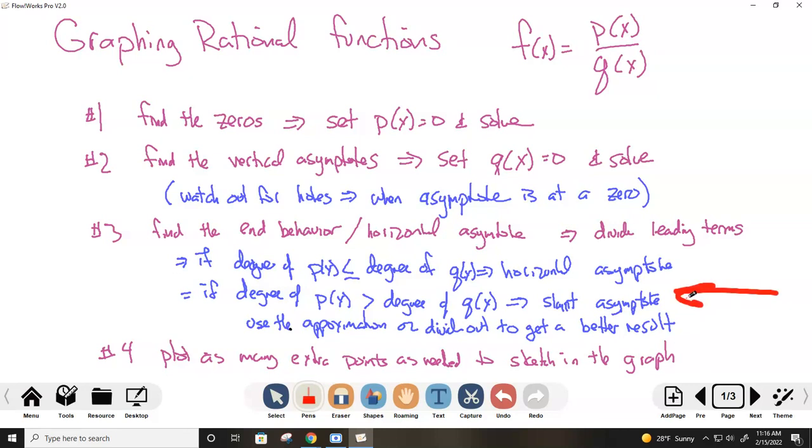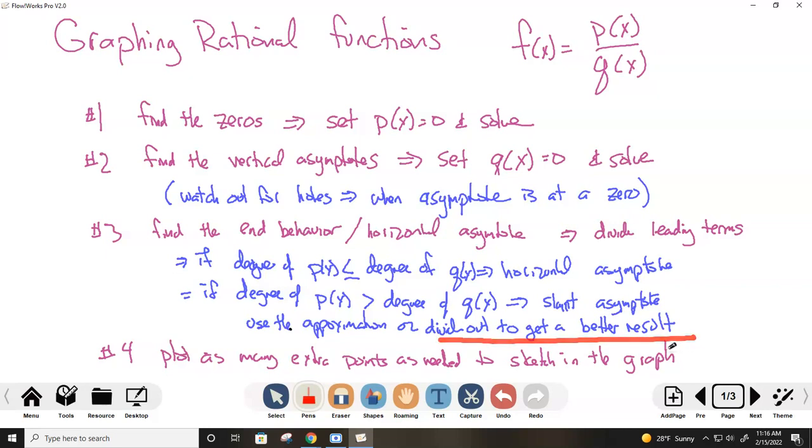You can approximate it by, again, simplifying that term: you take the highest degree term of the numerator, divide by the highest degree term of the denominator. Or you can get a better, more exact result by doing your polynomial division and ignoring the remainder.